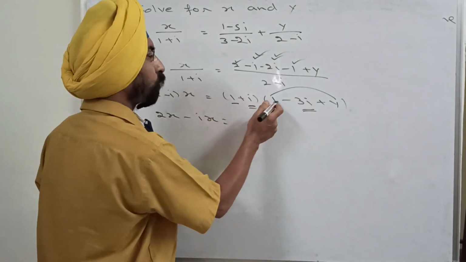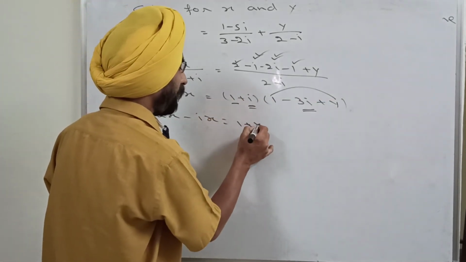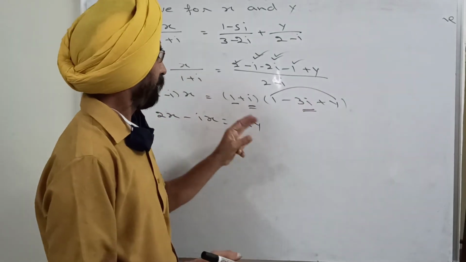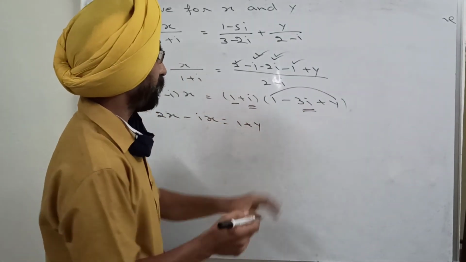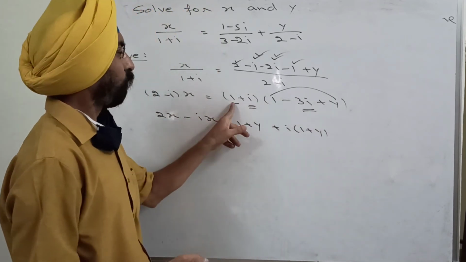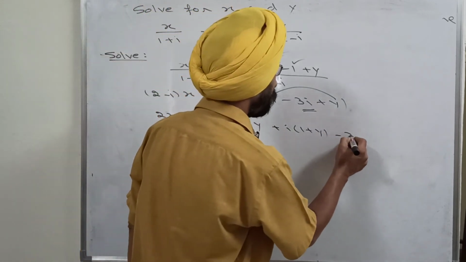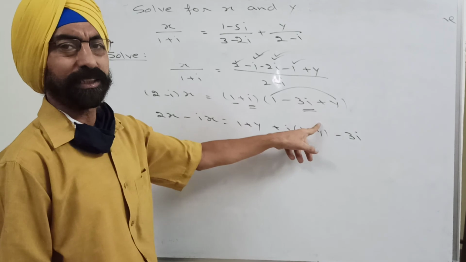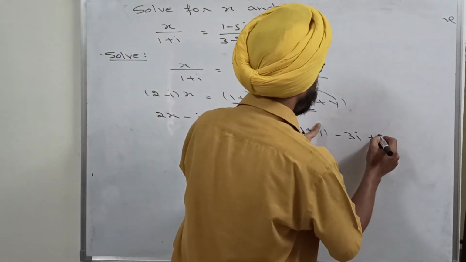So 1 into 1 plus y is 1 plus y. I am taking 1 plus y as real part as a whole. Then plus iota into 1 plus y. Then 1 into minus 3 iota, so minus 3 iota. And plus iota into minus 3 iota is minus 3 iota square, that means plus 3.